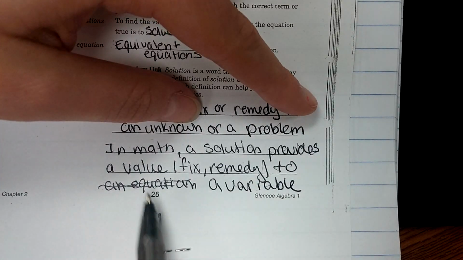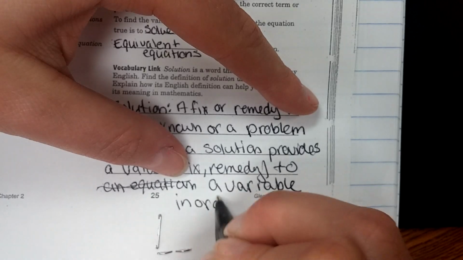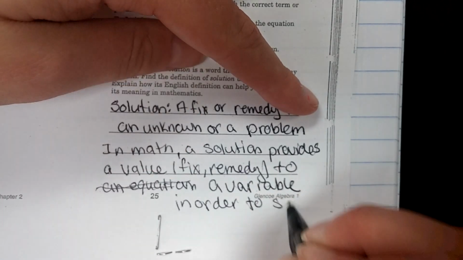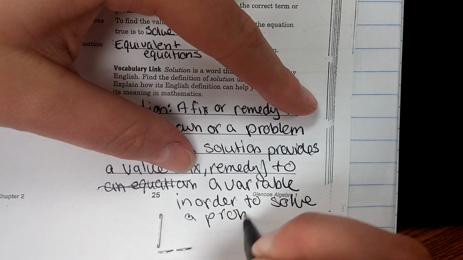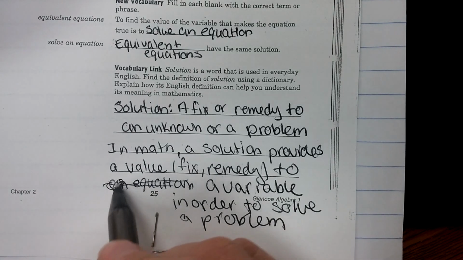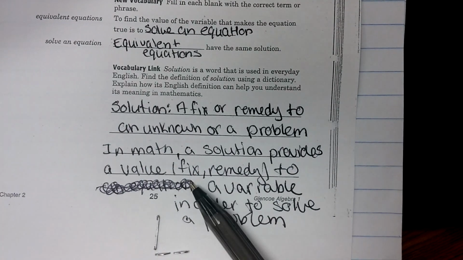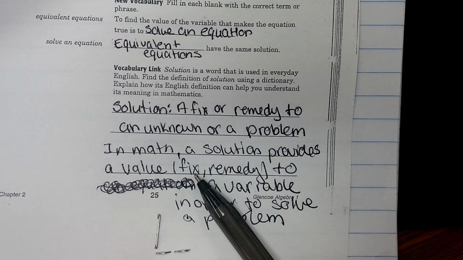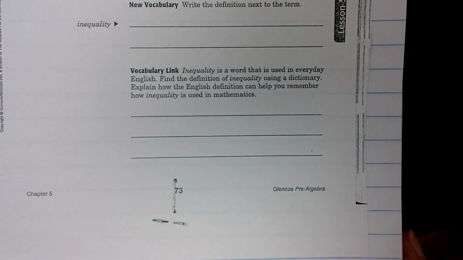So in math, a solution provides a value to a variable in order to solve a problem. So you have a problem in math, you plug in the variable that makes it true, you have then solved that problem, you have found the solution, you have found the fix to whatever mathematical equation problem that you are given. All right, moving on to the next page.